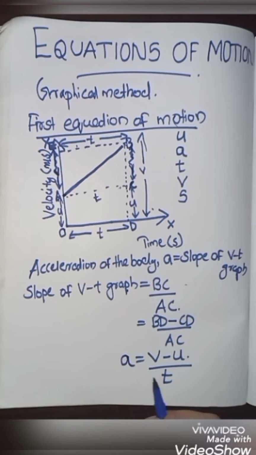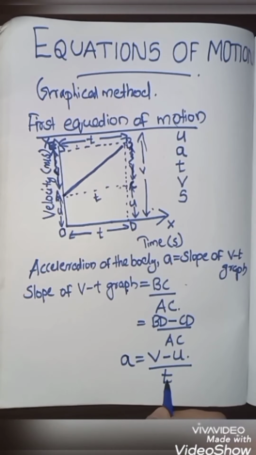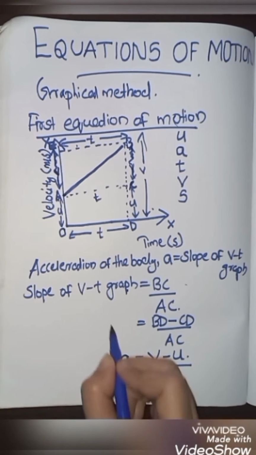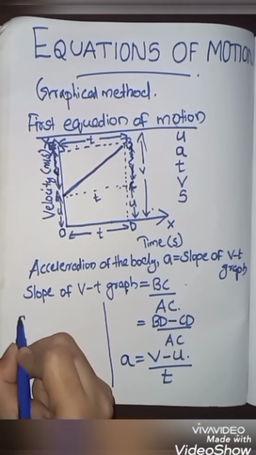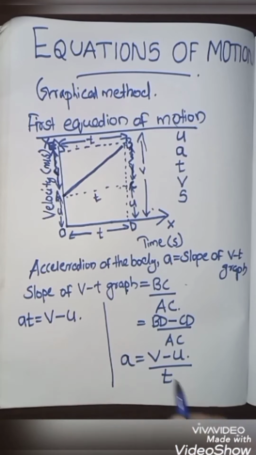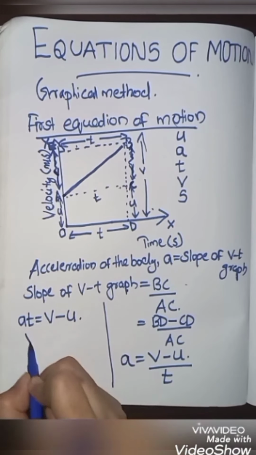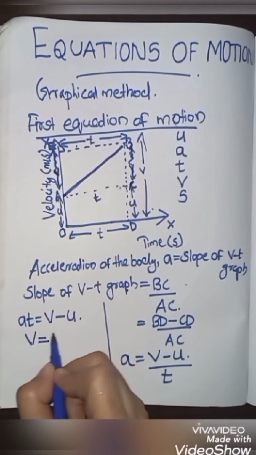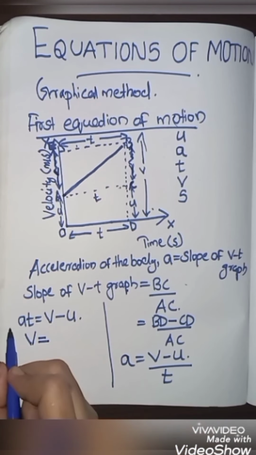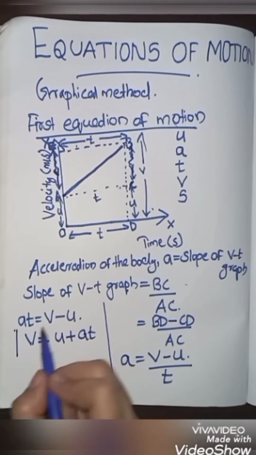That is, we can rewrite this. Here we multiply A into T, that is, AT is equal to V minus U. Okay, A into T is equal to V minus U. Therefore, V is equal to, here minus U goes to the other side as plus U. Therefore, U plus AT.